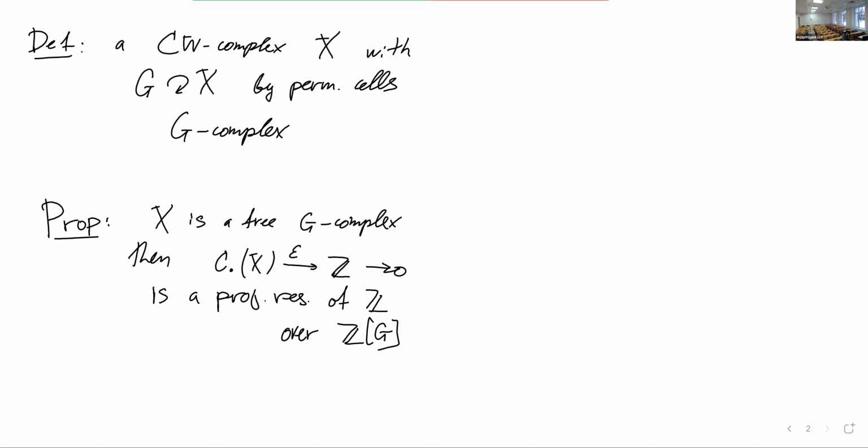So yeah, this action induces an action of G on the chains. This action is also free, so we'll have just a bunch of free modules over ZG.